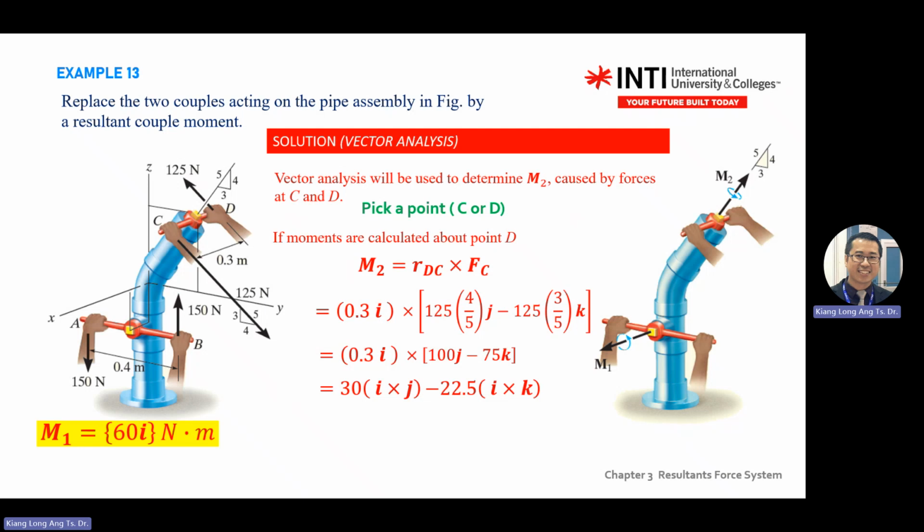Positive K or negative K? Positive K. I cross K, you get negative J. Negative, negative, you get positive. Mistakes usually happen here. If you don't understand this circle, you will make mistakes over here.